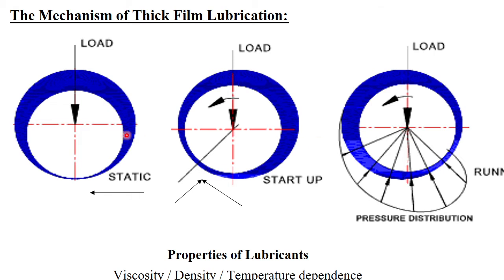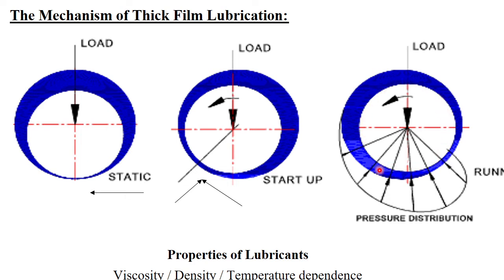And again, in this theory part, what is important is this property of the lubricant which fills up the gap. So in hydrodynamic lubrication, presence of this lubricant film is important.